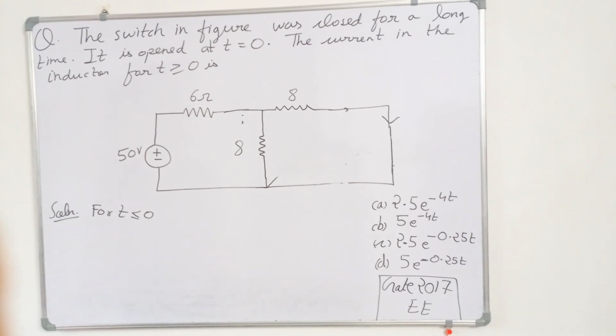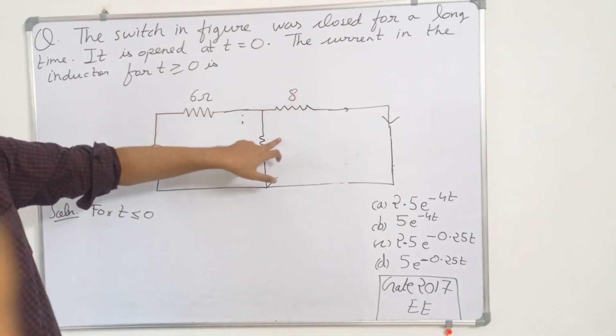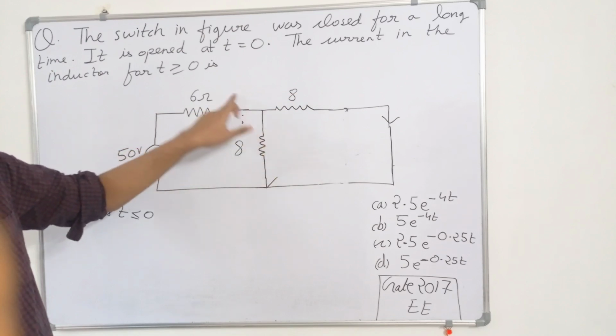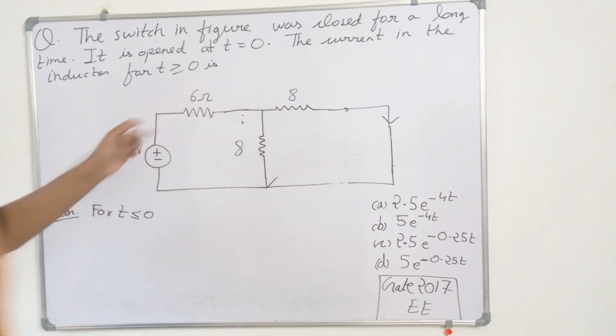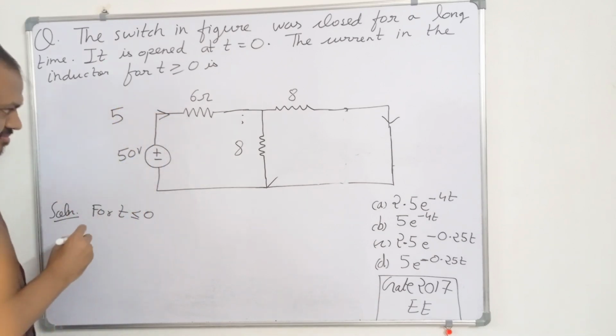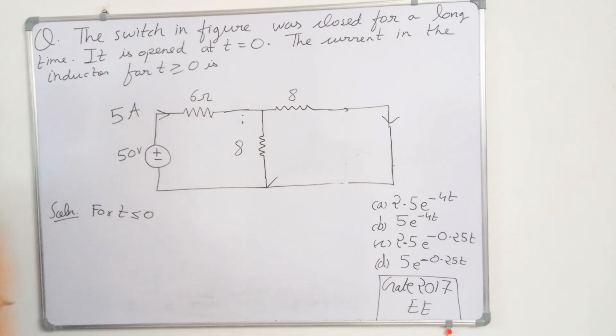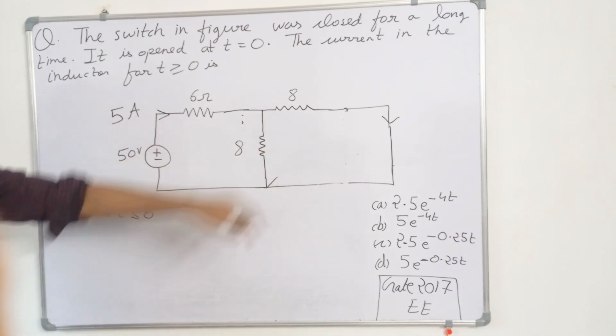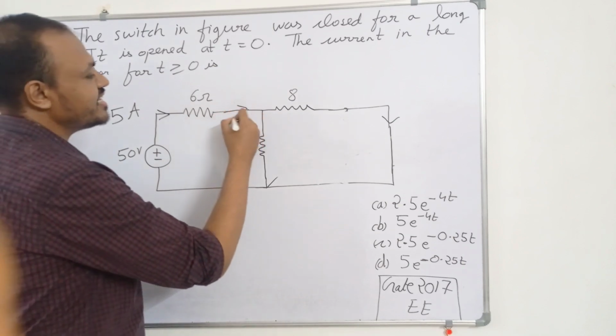The equivalent resistance: this 8 and this 8 are in parallel, so 4, and 4 plus 6 is 10 ohm. The current coming from this voltage source is 5 ampere.